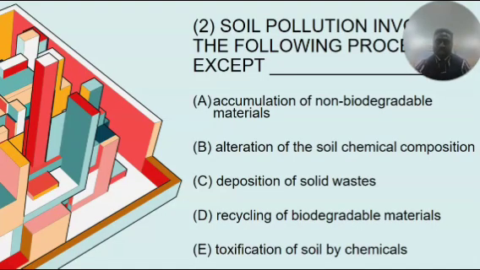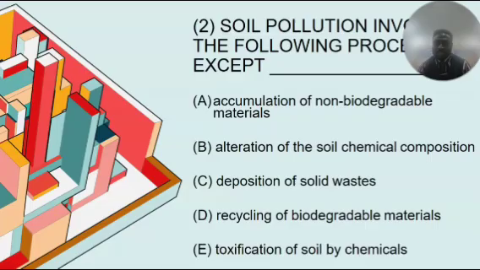Soil pollution involves the following processes except A, accumulation of non-biodegradable materials, B, alteration of the soil chemical composition, that is the chemical content or nutrients in the soil. Then C, deposition of solid waste, option D, recycling of biodegradable materials, option E, toxification of soil by chemicals.